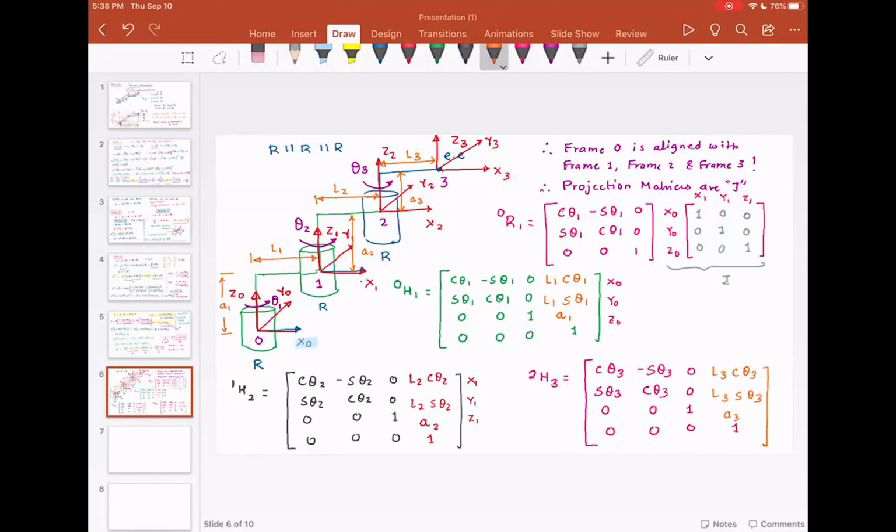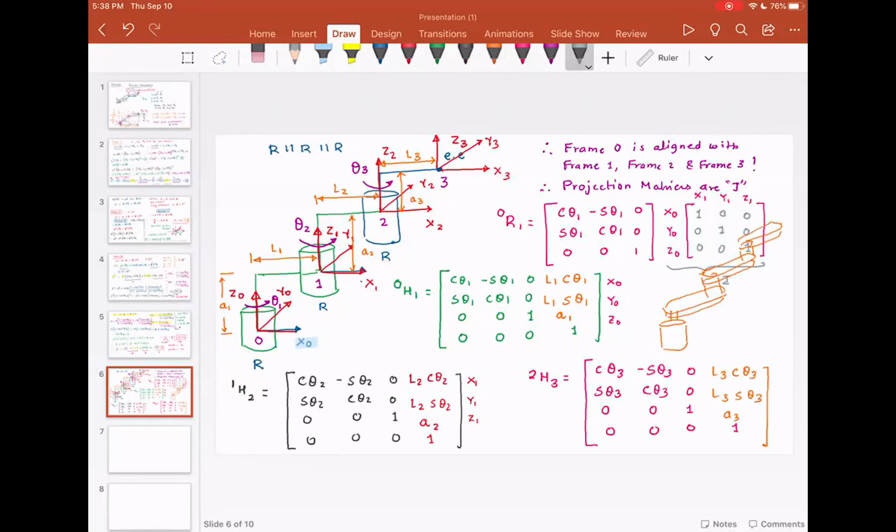So this is a simple manipulator, and in case you are wondering how this manipulator looks, it looks something like this. If this is the motor, on this motor you have a link. There is another motor, and on this motor there is this link, and there is another motor, and on this motor you have this link.